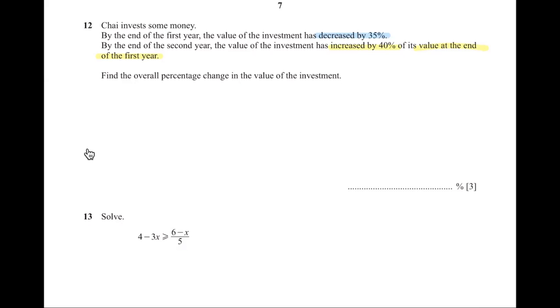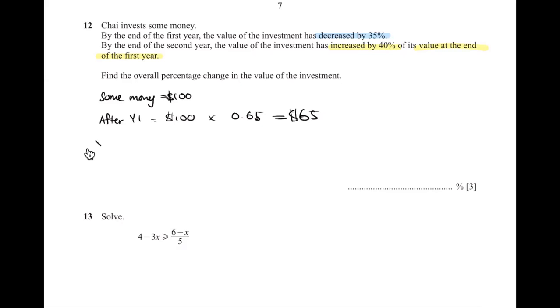I normally take 100. Let's say the money is $100. So a decrease of 35% after the first year, multiply by 0.65. That means 65%, I mean $65 left.